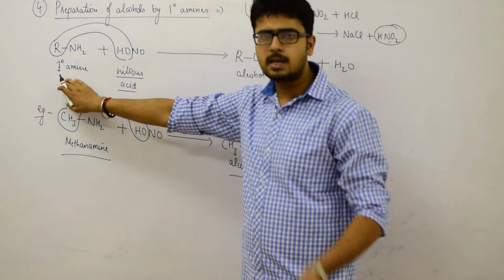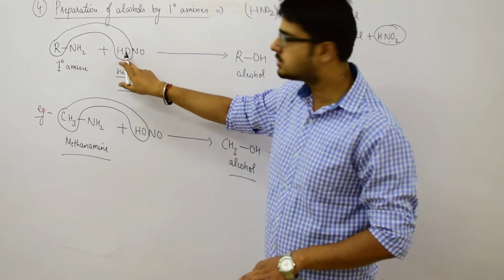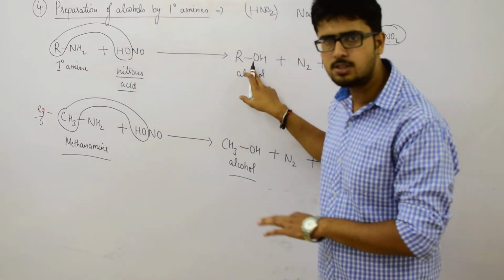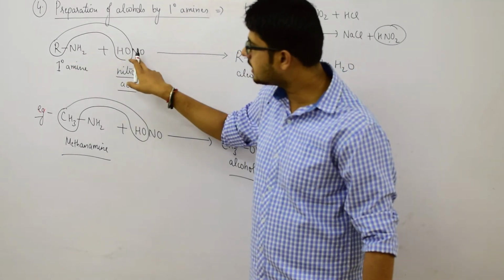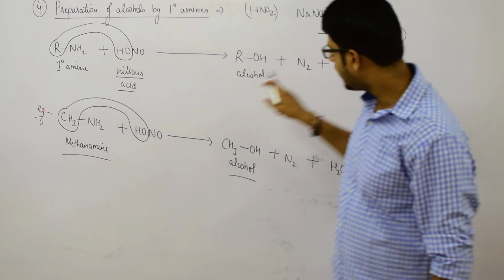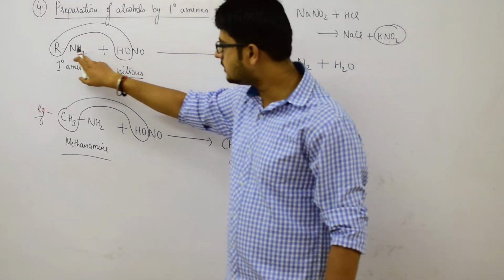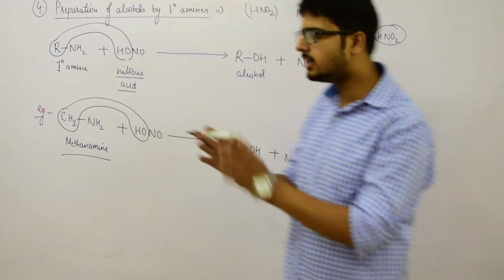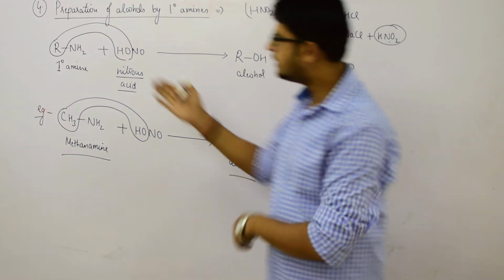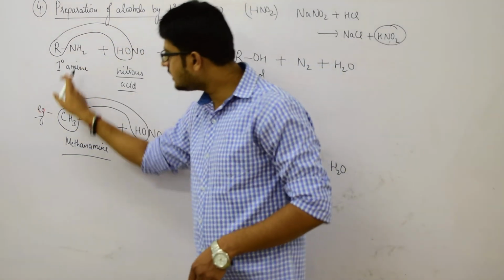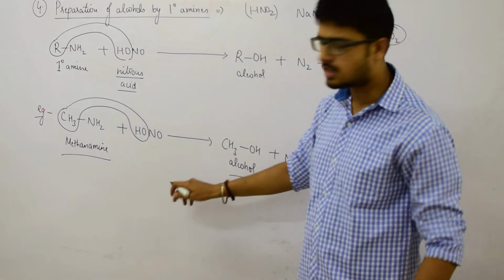Whenever we are treating primary amine with nitrous acid, this R group combines with this OH group in the form of ROH, our alcohol molecule. The two nitrogen atoms link together and form nitrogen molecule, and this oxygen atom and these two hydrogen atoms link together in the form of water molecule. Like we took one example, let us take primary amine as methanamine and treat it with nitrous acid.